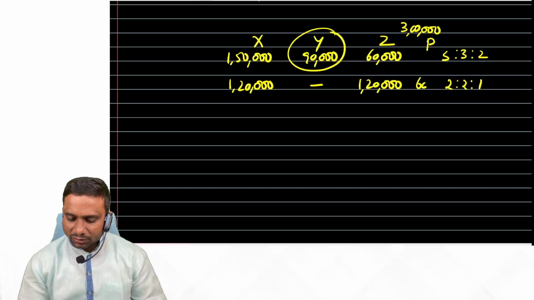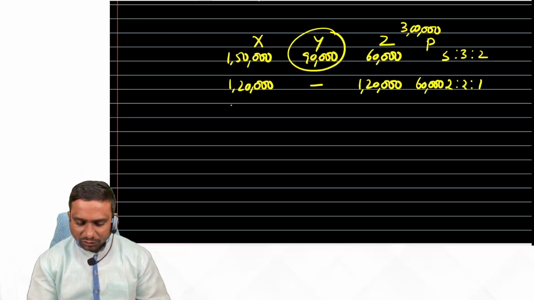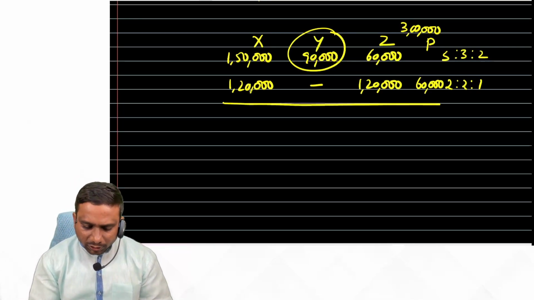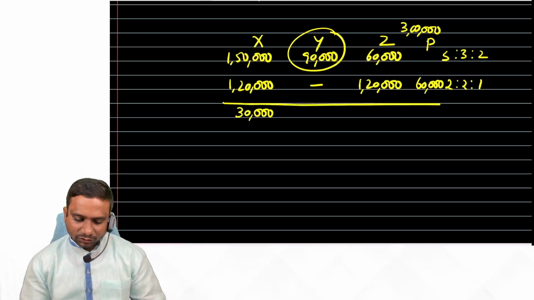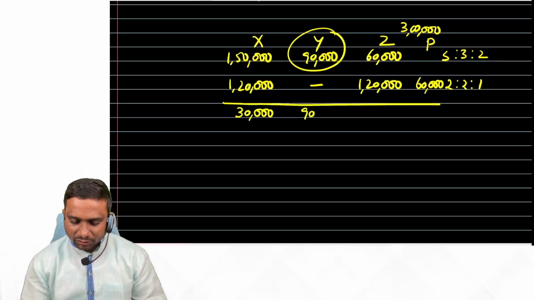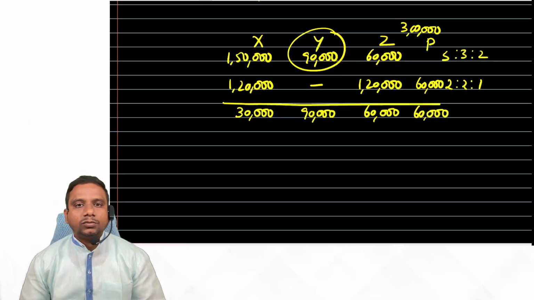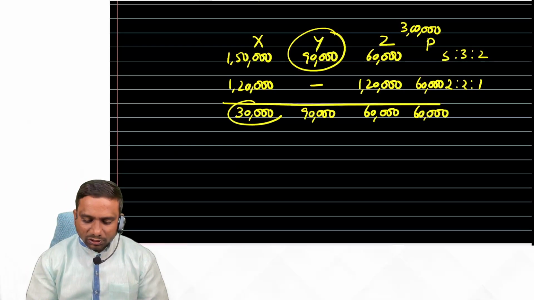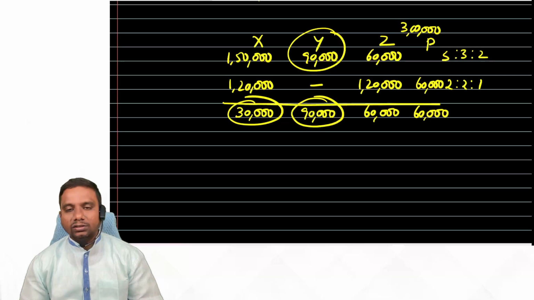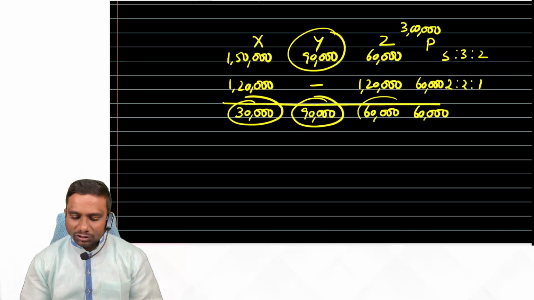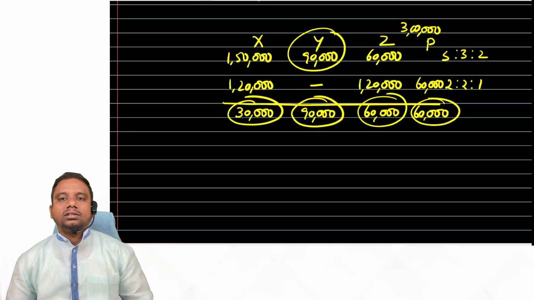Observe, students, here X will get 30,000 and here it is 90,000. Here we have 60,000 and here we have 60,000. So X will get 30,000, Y will get 90,000, and this is given by Z and P.